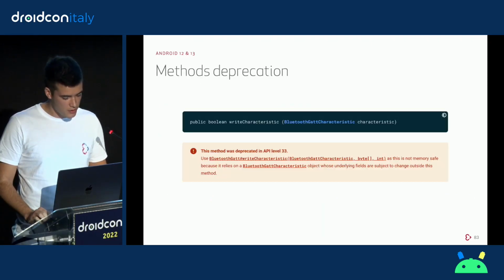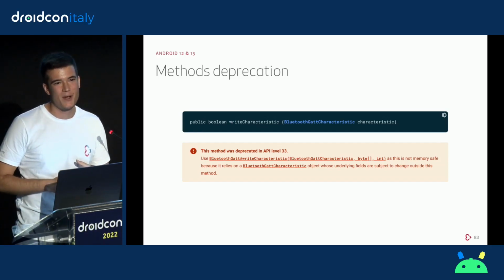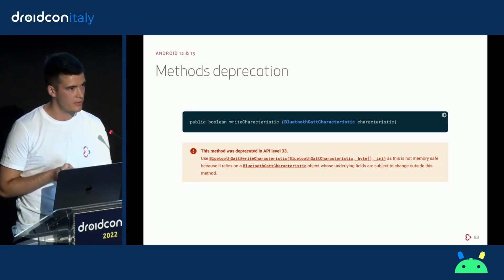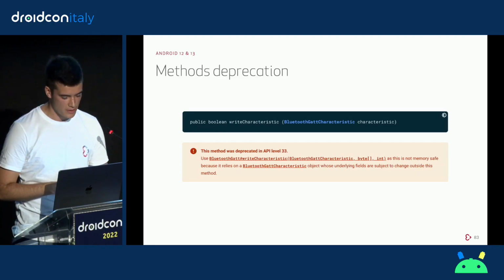Last but not least, speaking about method deprecation, the writeCharacteristic method has also been deprecated, and we saw before a very bad error on the mutability of the value of such a characteristic. Once you try to write in some characteristic and maybe the device is writing in the same, you can have a corrupted byte array or stuff like that.